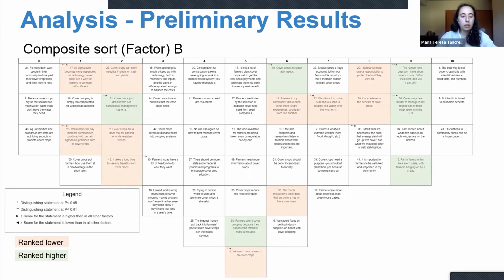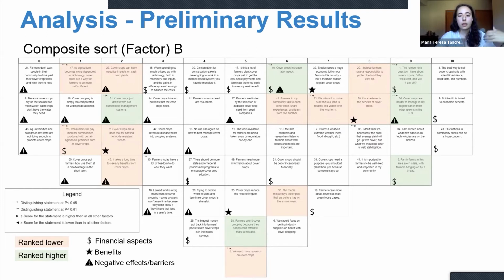And so, for example, we can look for statements that talk about financial aspects, statements that talk about the benefits of cover cropping, and statements that talk about the negative effects and barriers to cover cropping, and keep doing so until basically we touch on all the themes that are talked about in the different cards. And so from this composite sort, we can finally come up with those shared perspectives that are what we're looking for.